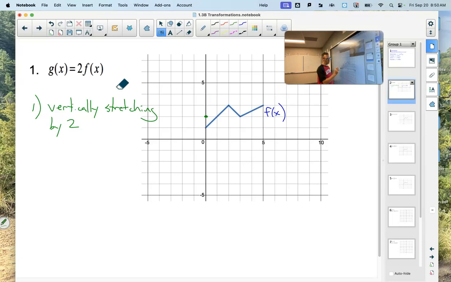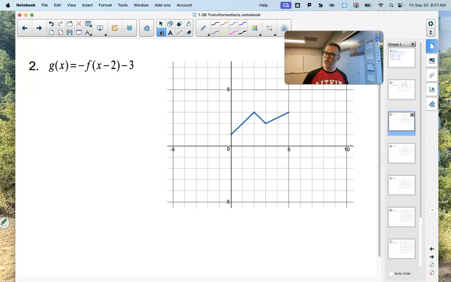The point (1, 2) doubles the y value and becomes (1, 4). (2, 3) becomes (2, 6). (3, 2) becomes (3, 4). Then 2.5 times 2 is 5, and 3 times 2 is 6. So my new graph for g of x looks like that. It's f of x vertically stretched by 2.